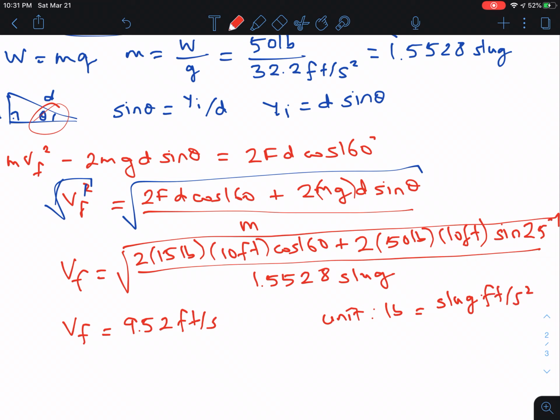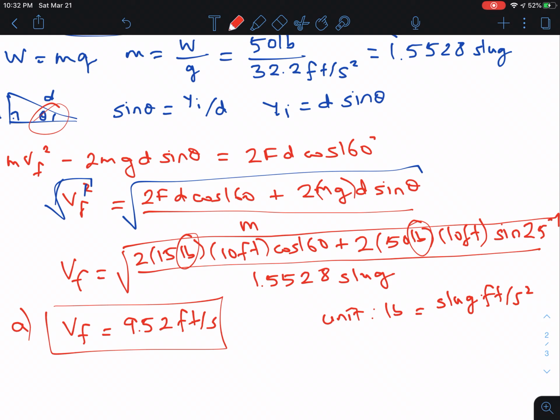So when you write these for the pounds here and there, you are going to see that slugs go away and you have feet squared per second squared, and then take the square root of that, it gives you feet per second. And that is the answer for part A. And again, you can solve this using Newton's second law and the constant acceleration equations, and that's for part C, but you're going to get the same answer that way.